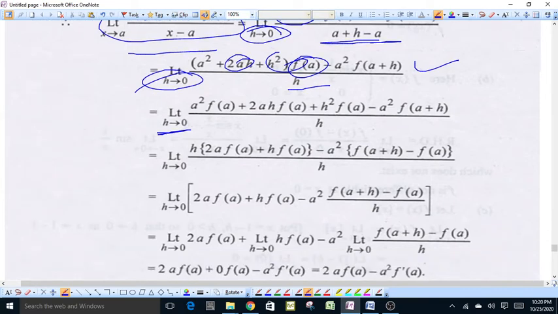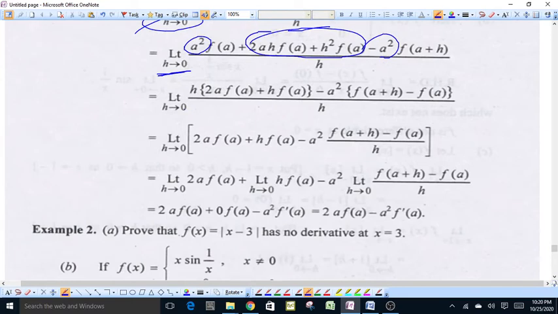Taking h common from two terms, we get h[2a f(a) + h f(a)], and taking minus a² common, [f(a + h) − f(a)] upon h. Now this h cancels out from these two terms.